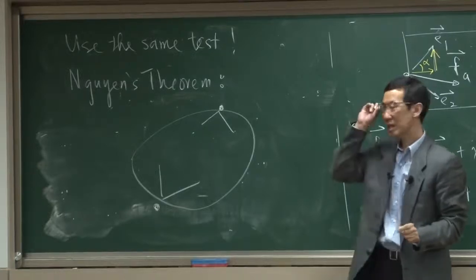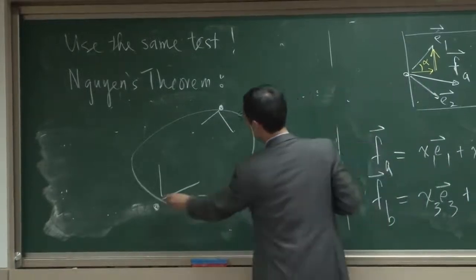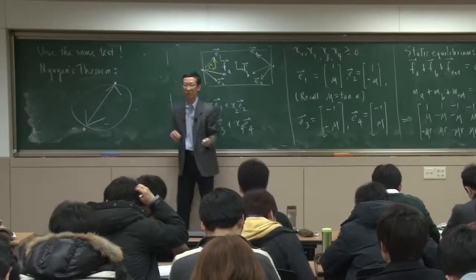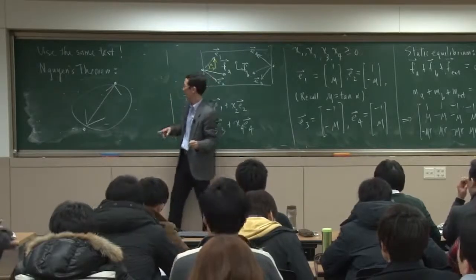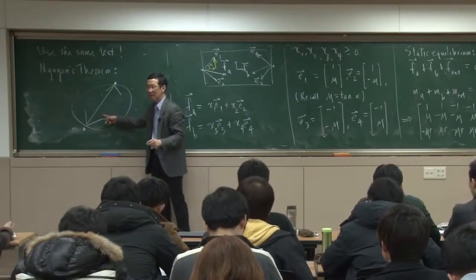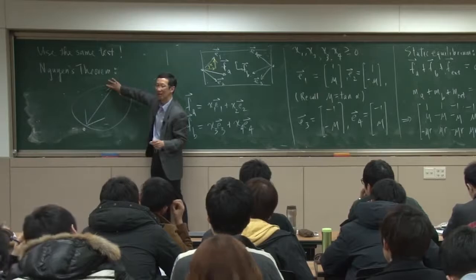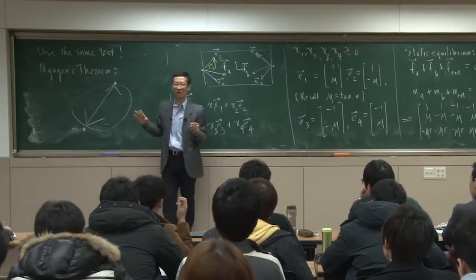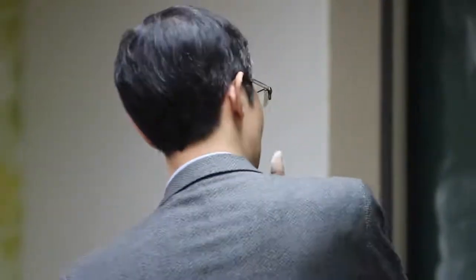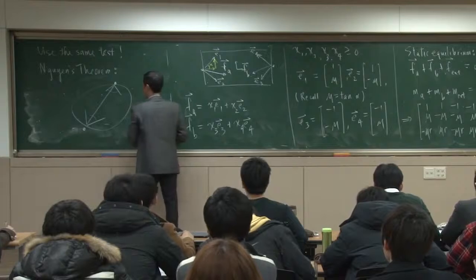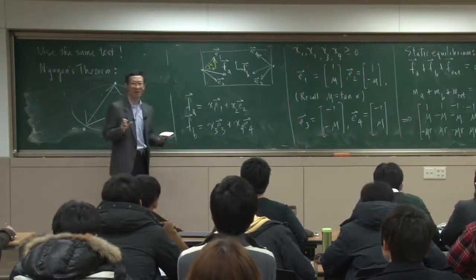Nguyen said that if you connect these 2 contact points, and this line is inside both friction cones, then you have force closure in this case. Not form closure, but force closure. So that's a very, very nice result.